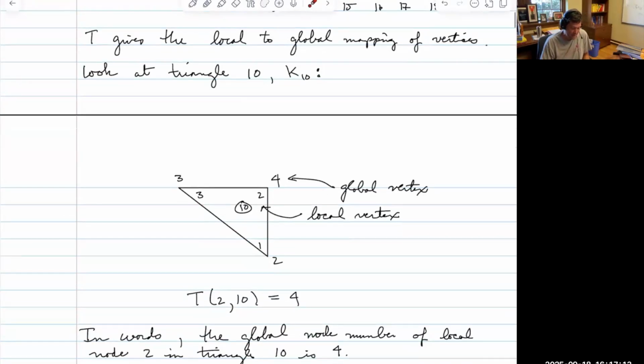So if I ask T what is the global node number of triangle 10 with a local node number 2, that's equal to the global node number 4. Okay, so 4 is our global node number. And 2 is our local node number.